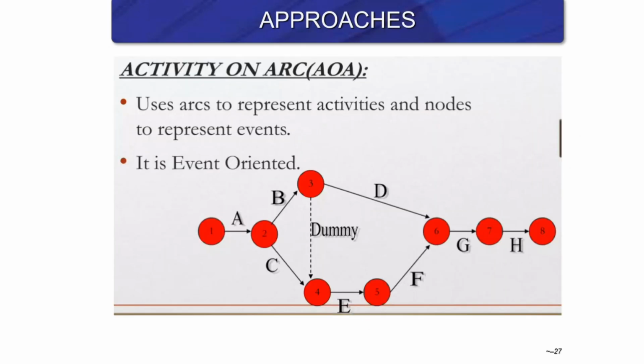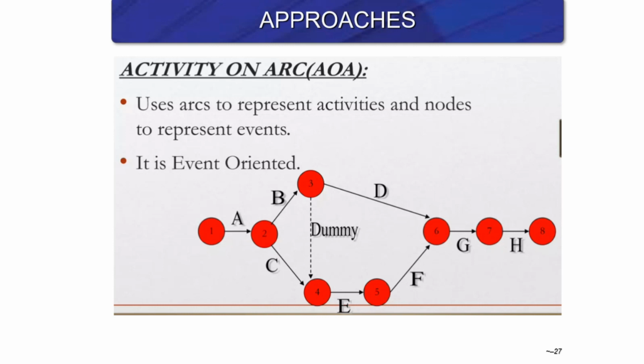So here is an activity on arc illustration. For example, task A starts. After task A finishes, tasks B and C could start. And the next tasks could start after B or C finishes.